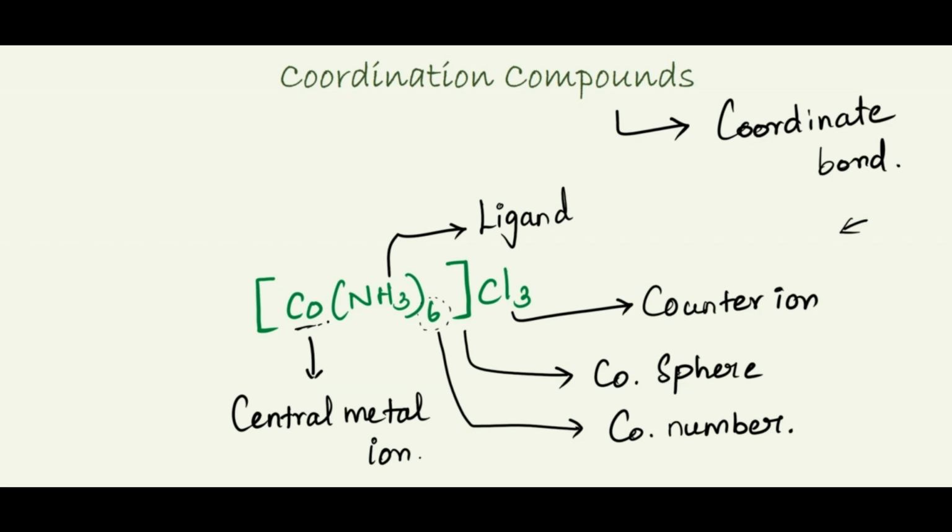The part inside the square bracket is called the coordination sphere, and outside the square bracket it just compensates the charges, so that is called the counter ion. And how many ligands are attached to the central metal atom? That is our coordination number. These are the terms present in the coordination complex chapter.